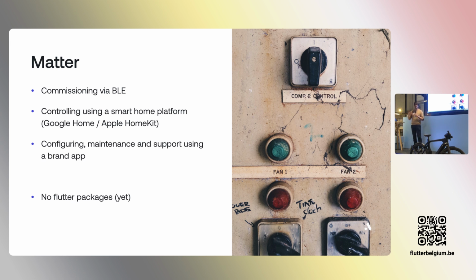So the daily controlling of the device can be done using Google Home, but installing it and making sure that you have the right scenes and stuff, that is something that will still need an app. And Matter is very slow. They thought that the growth would be a lot quicker, but it's not as fast as they predicted. So I think that it will be mainstream in 2, maybe 3 years. I don't know, Peter, if you have a different view on that. But yeah, it's something that will come in the coming years.